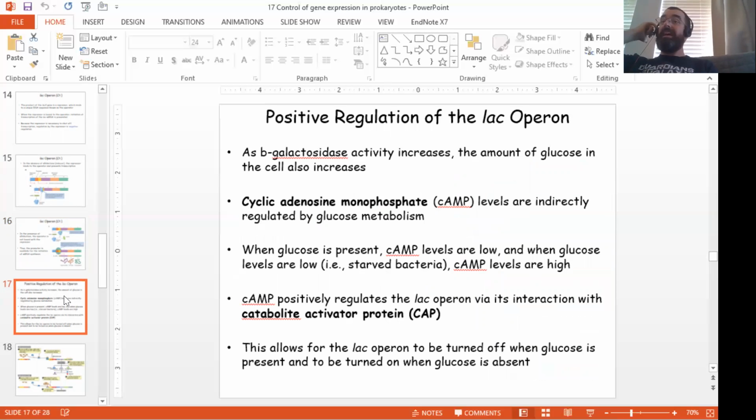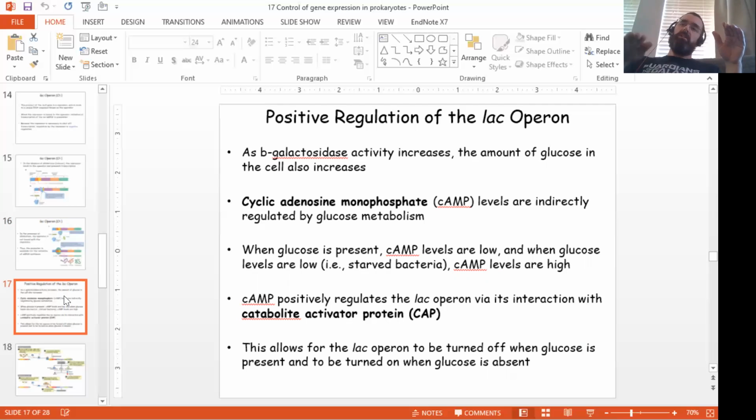This is cyclic adenosine monophosphate, right? We eukaryotes use it as well to determine whether or not we have sufficient glucose present. Essentially, cyclic AMP levels are inversely correlated to glucose levels.